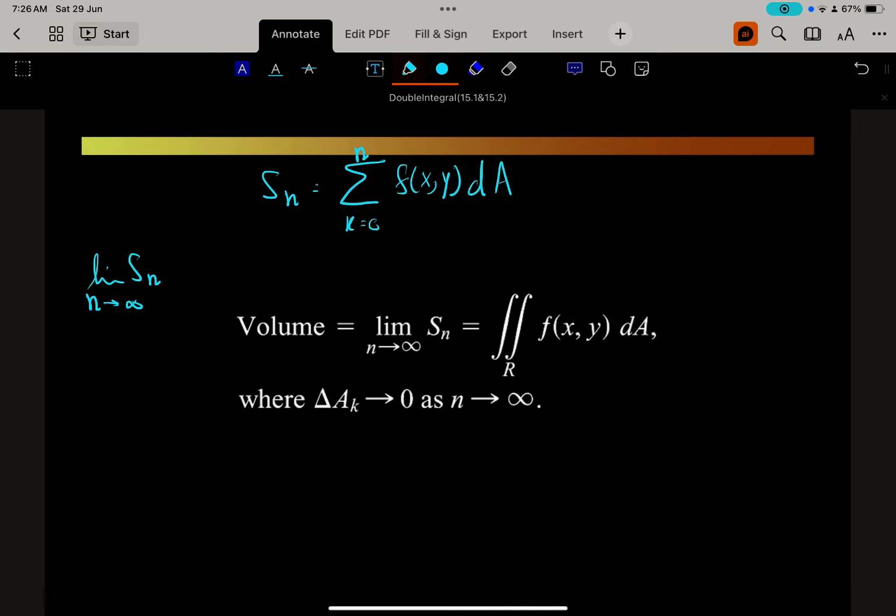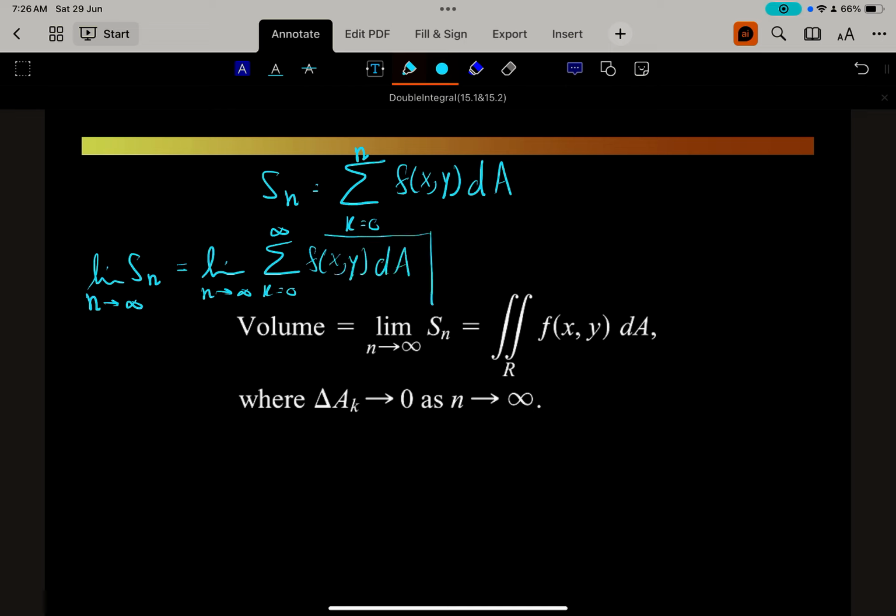And now if we say that the number of boxes increased up to infinity, so we had infinitely many boxes representing our volume, then we're going to have the limit as n approaches infinity of the Riemann sum from k equals 0 up to infinity of f of x, y dA.